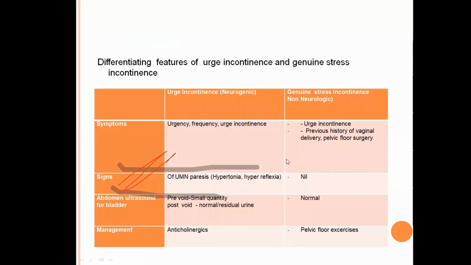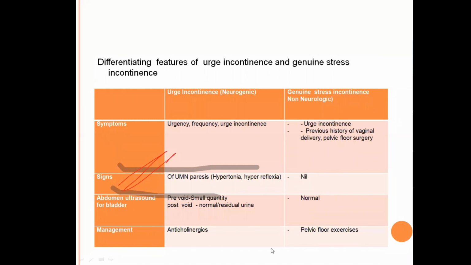Now how do you differentiate a neurogenic urge incontinence from stress incontinence? The symptoms are urgency, frequency, and urge incontinence. And here it is urge incontinence with previous history. There are other signs of UMN like hypertonia, hyperreflexia. In stress incontinence, the neurological exam is normal, and when you do the abdominal ultrasound, pre-void and post-void may be abnormal in neurogenic, whereas here it is normal.